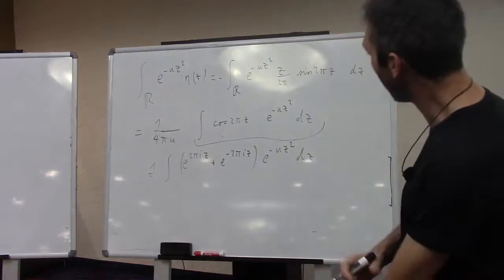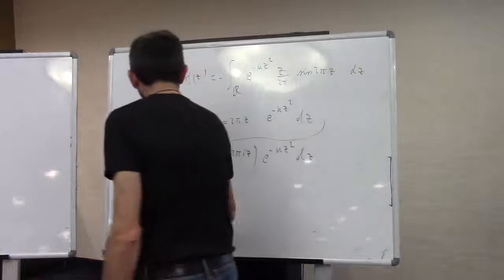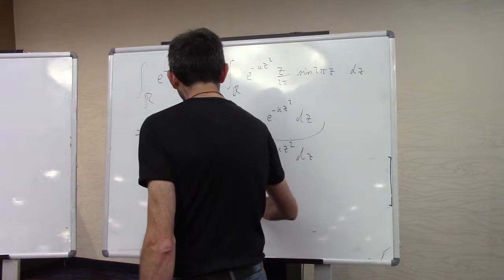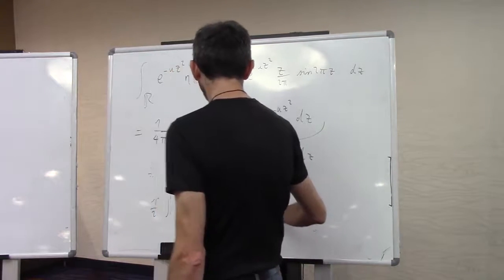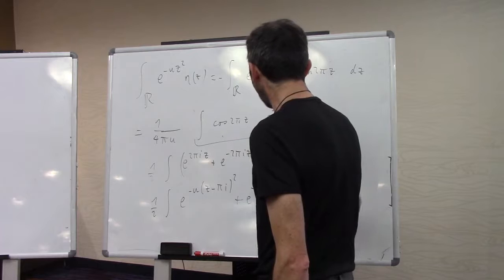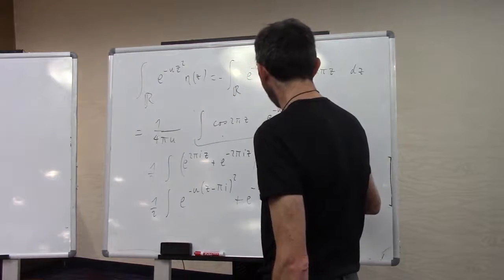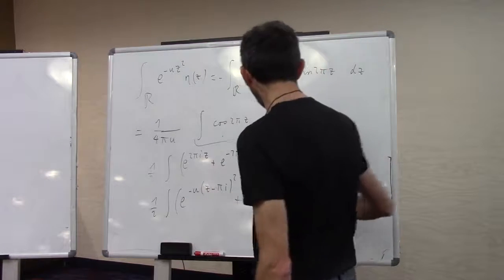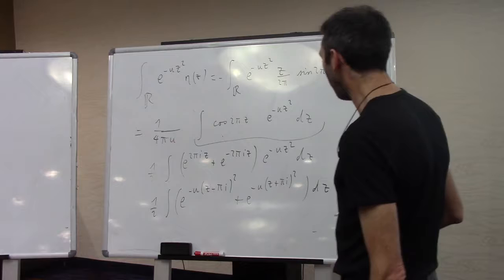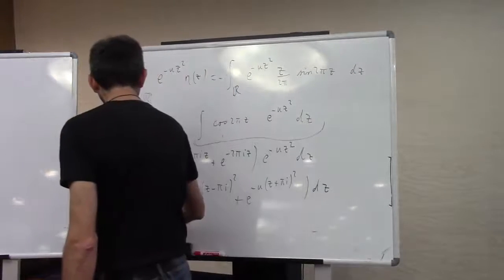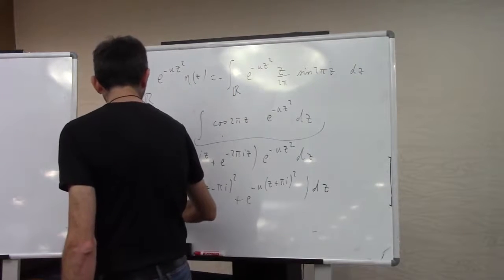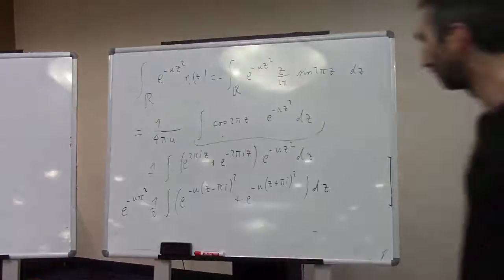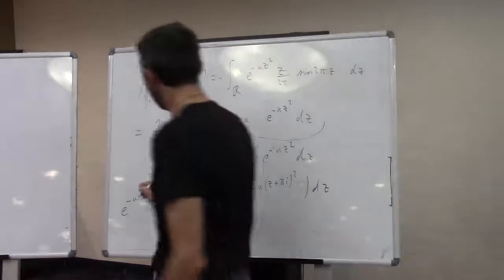Okay, you complete the square, so it's 1/2 of the integral of exponential minus u (z minus pi i over u) squared plus exponential minus u (z plus pi i over u) squared times dz, multiplied by exponential of minus pi squared over u.